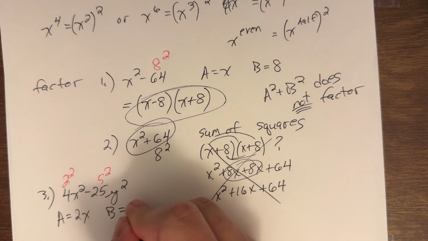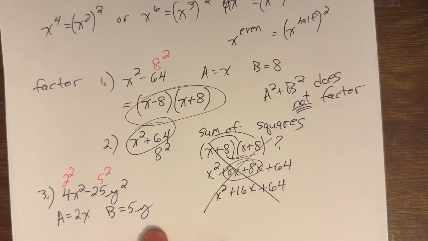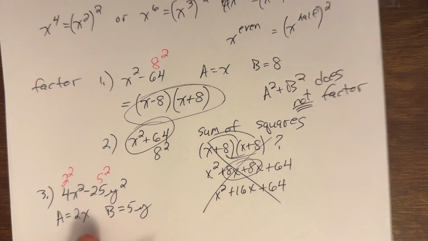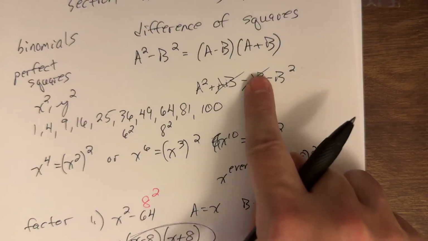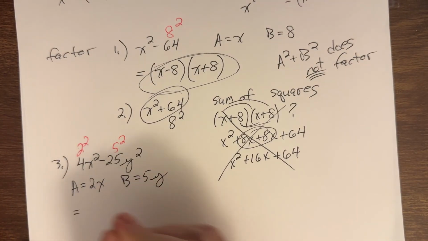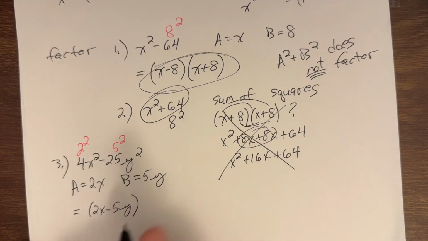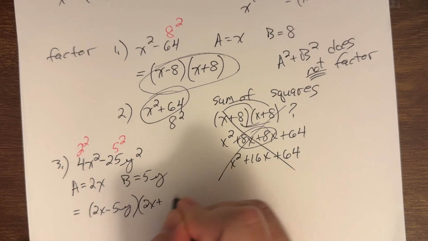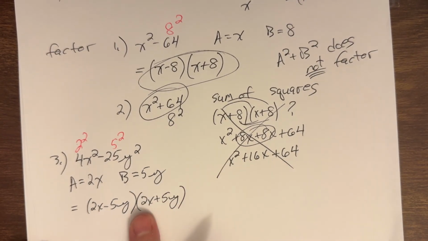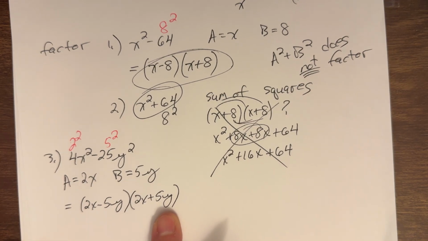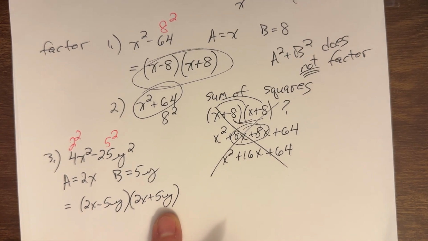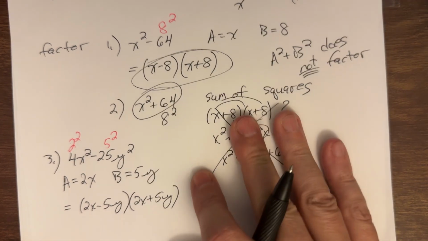So plain B would be the 5 and the y. So my A, my B, I follow my formula. This would factor as 2x minus 5y, A minus B, times 2x plus 5y, A plus B. All right, let's move along to number 4.